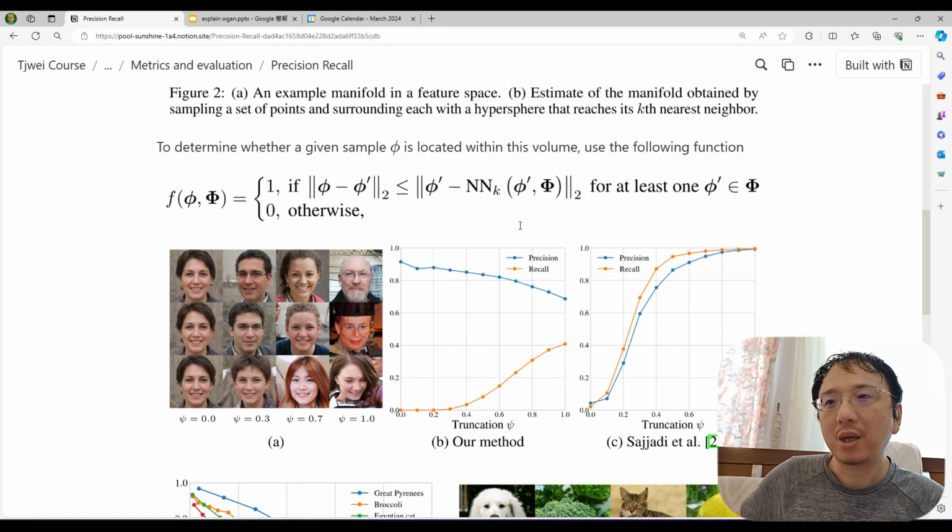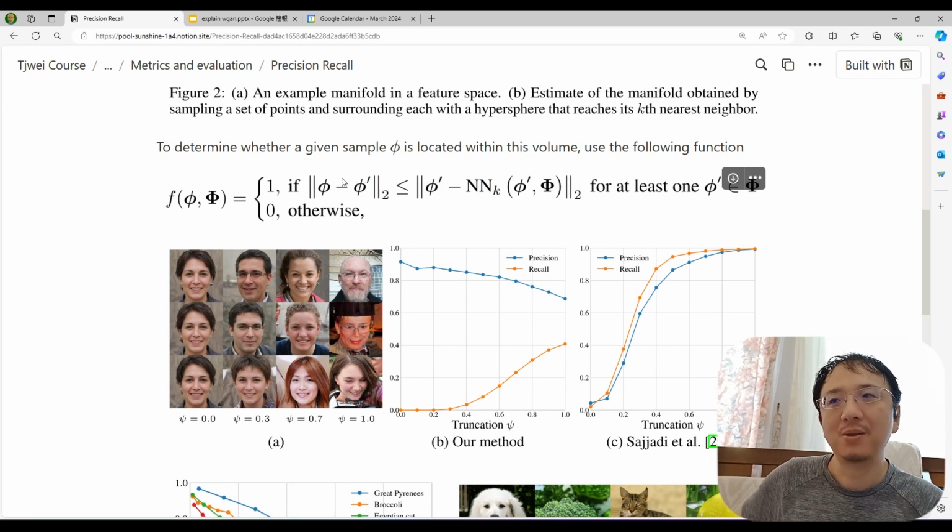For every image phi prime in the dataset, the inequality says that if we put phi into the dataset, then phi is among the k nearest neighbors of phi prime.